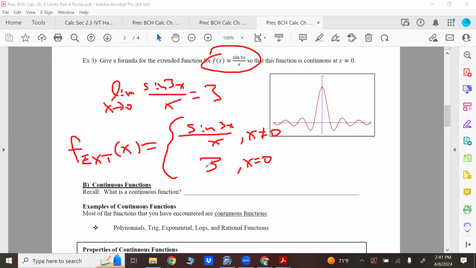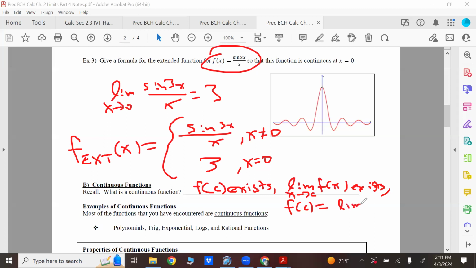On the coming test, we will be allowed to graph these. Yeah, totally, 100%. So recall, what is a continuous function? A continuous function means f of c exists and the limit equals f of c.